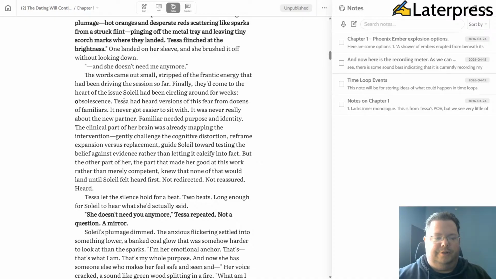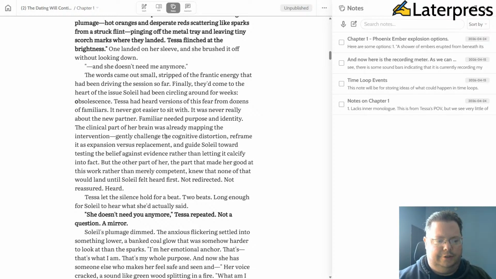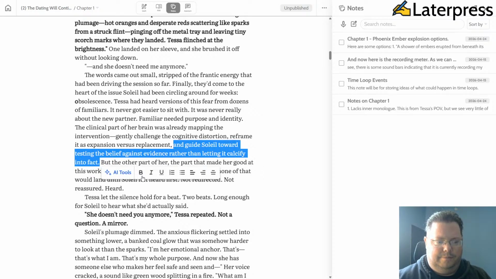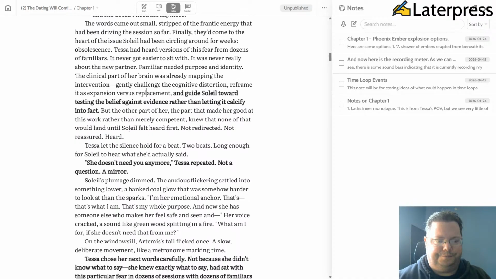The clinical predator brain was already mapping the intervention, generally challenge the cognitive distortion, reframe it as expansion versus replacement, and guide Salil towards testing the belief against evidence rather than letting it calcify into fact. I might cut that as well to shorten the sentence, but for now I'm going to let that stand.